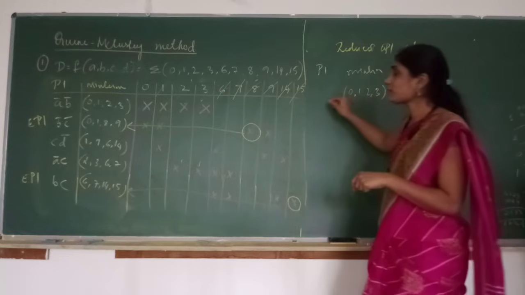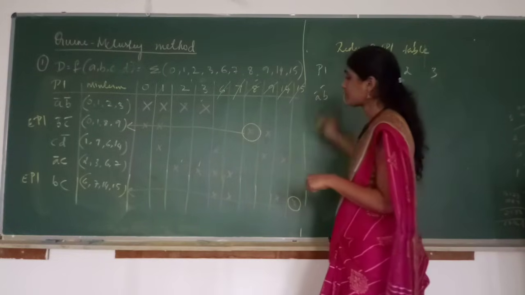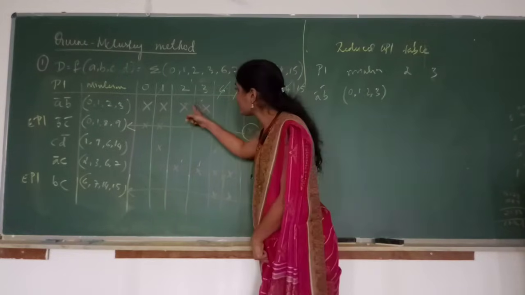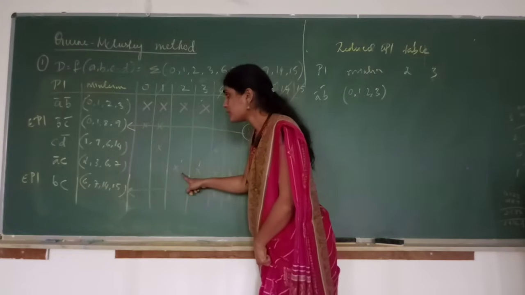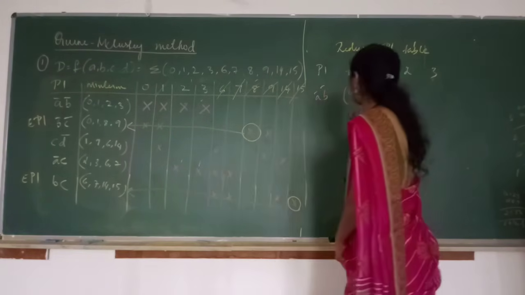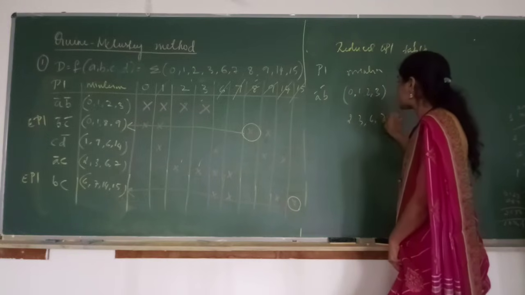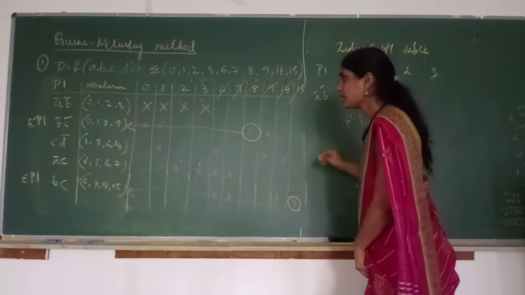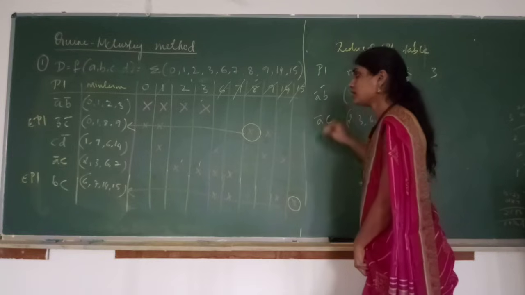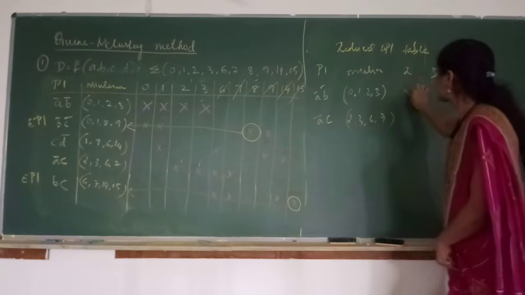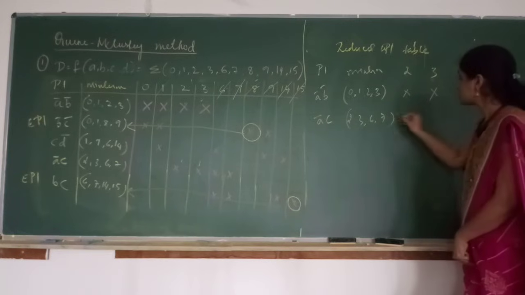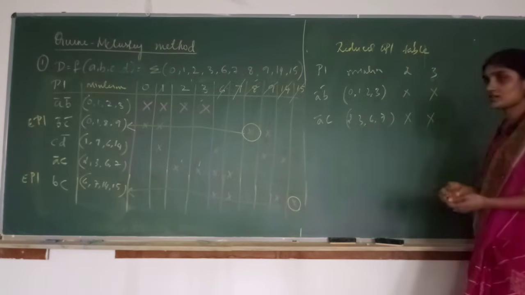Now I have to see the grouping which covers 2 and 3. Okay, this is one group which is A bar, B bar. Any other grouping which covers 2 and 3? Just check. Yes, we have. Which is that? 2, 3, 6, 7. What is that? A bar, C. Correct? Now this covers 2, this covers 3. This also covers 2, this also covers 3.